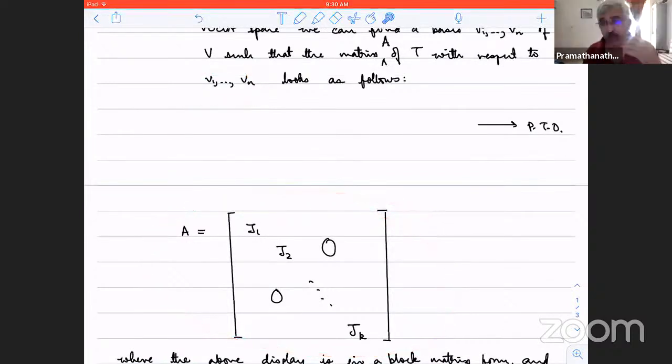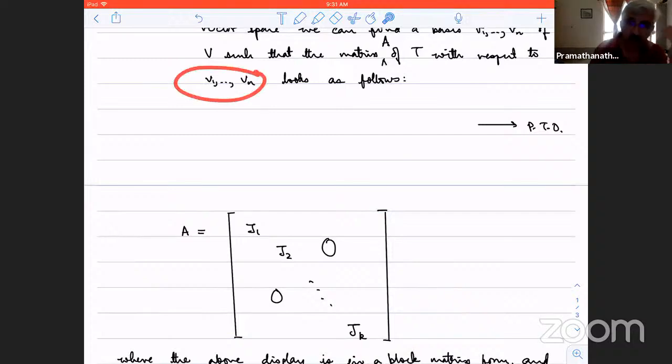For example, if you have a scalar matrix, a matrix which is just lambda times the identity, then every block looks like just a 1 by 1 matrix: lambda, lambda, lambda, lambda, lambda. But there's an enormous choice for what basis to pick to break this up into Jordan canonical form.